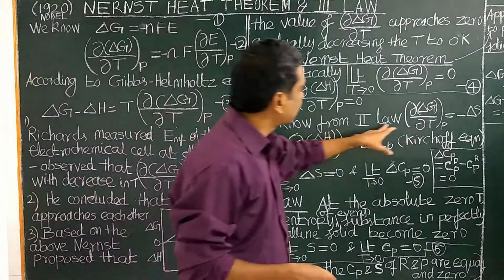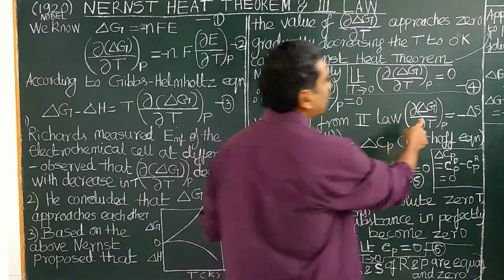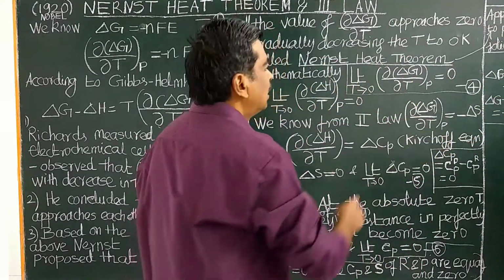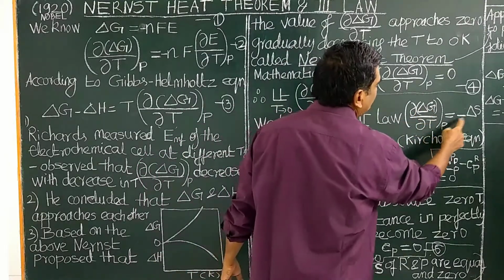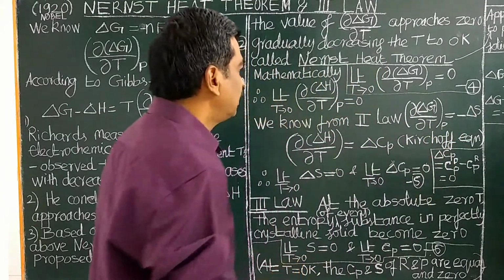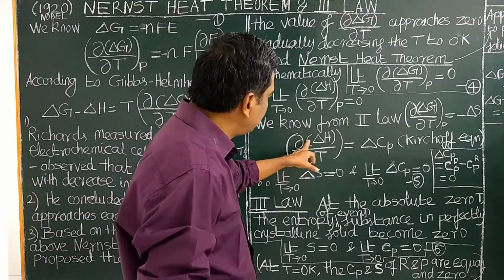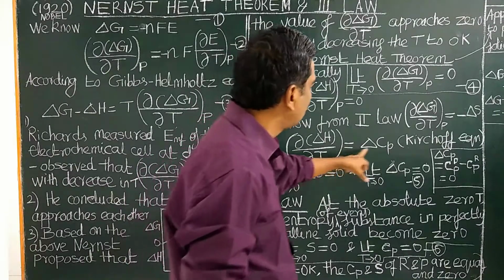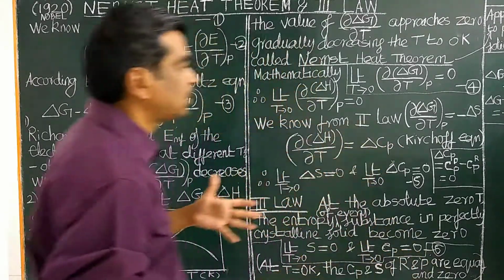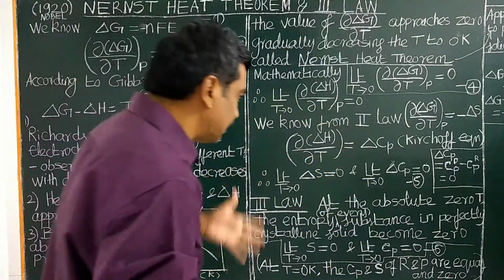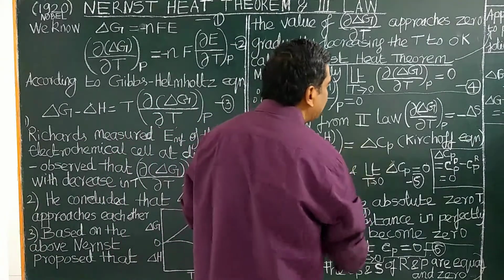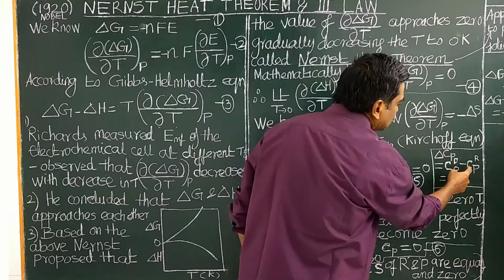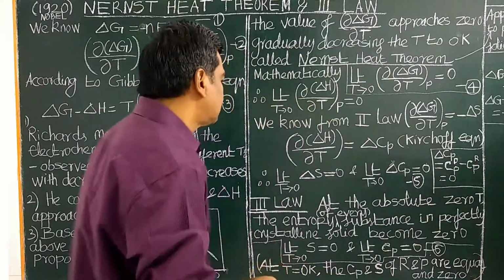We know from the second law of thermodynamics that dou delta G by dou T at constant pressure equals minus delta S. Similarly, from Kirchhoff's equation, dou delta H by dou T equals delta Cp, from the definition of molar heat capacity, where delta Cp is the difference in heat capacity of products and reactants.